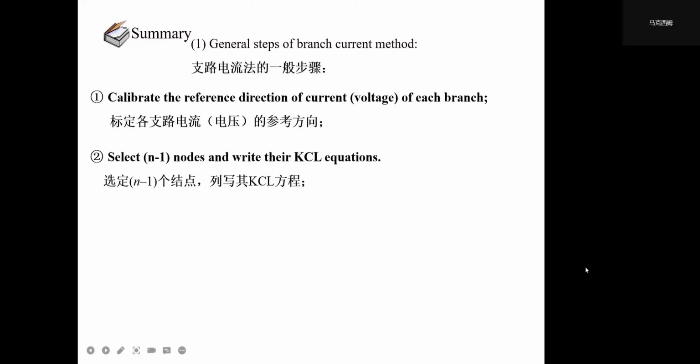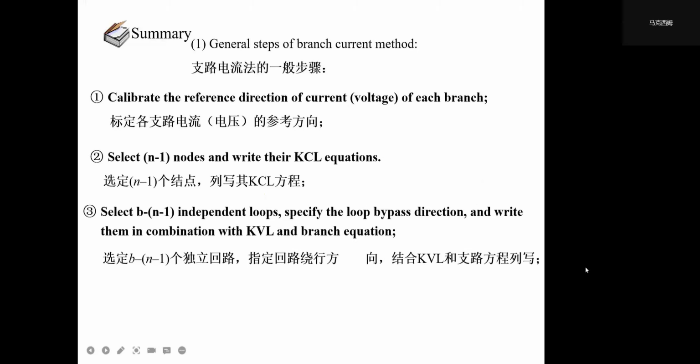And then we select n-1 nodes and write the KCL equations. And then we select the b-n-1 independent loops to write the KVL equations. But if you select a loop, you better specify the loop path direction.